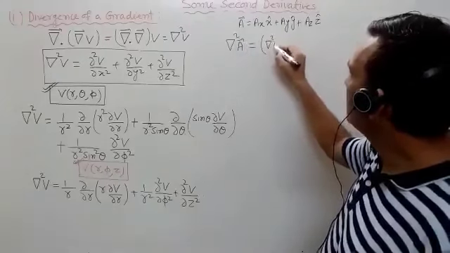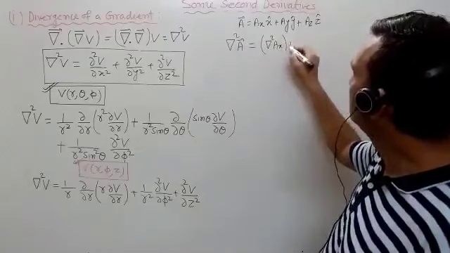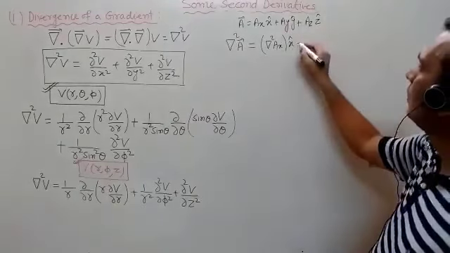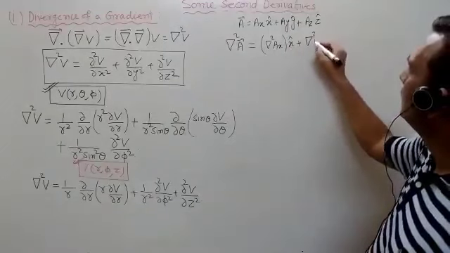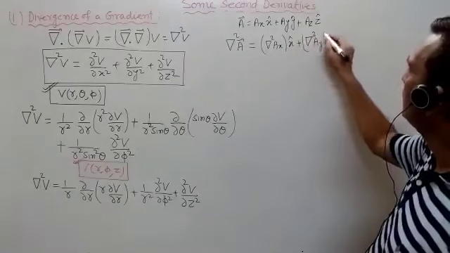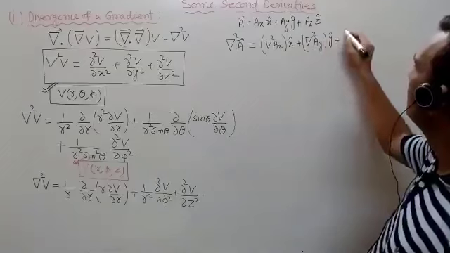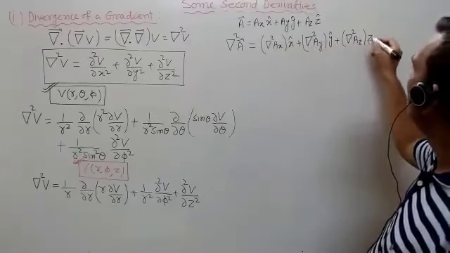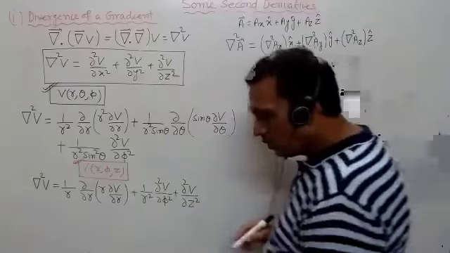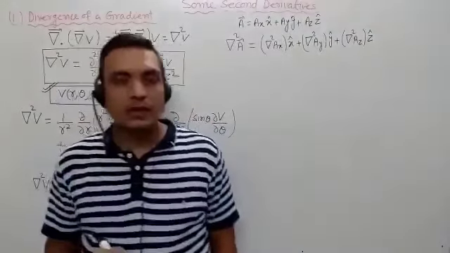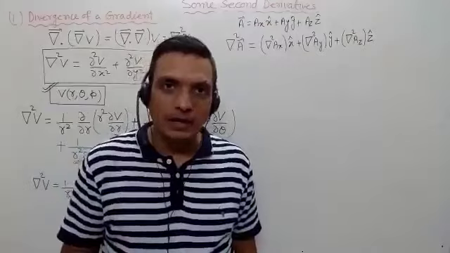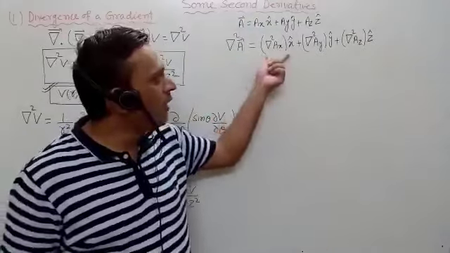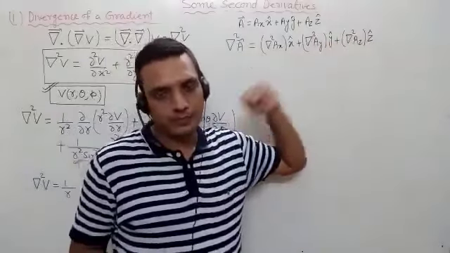Now you have to operate this in component form: del square AX x cap, del square AY y cap, plus del square AZ into z cap. So whenever you have to operate del square on a vector in Cartesian coordinates, you have to operate in component form.